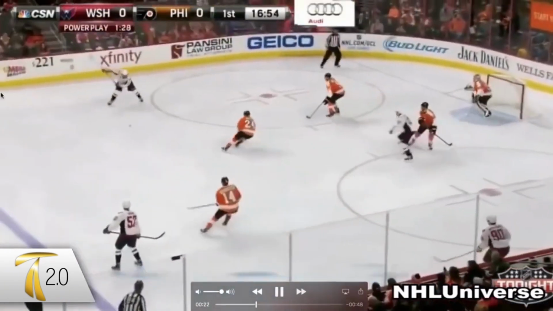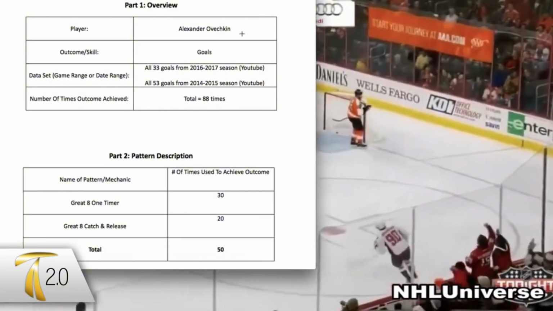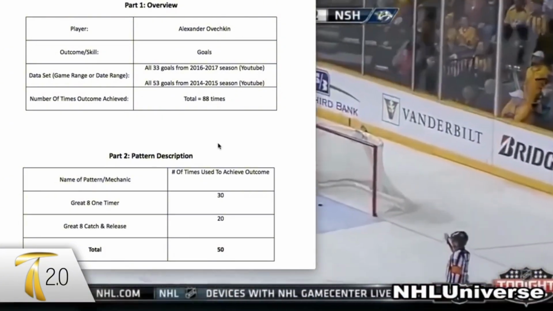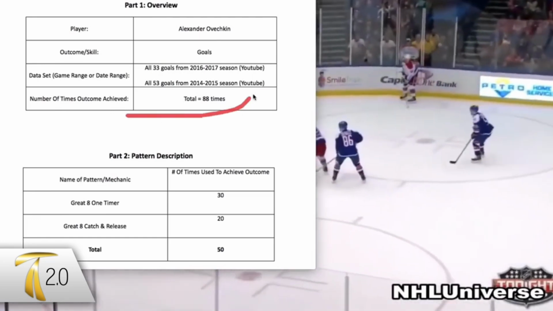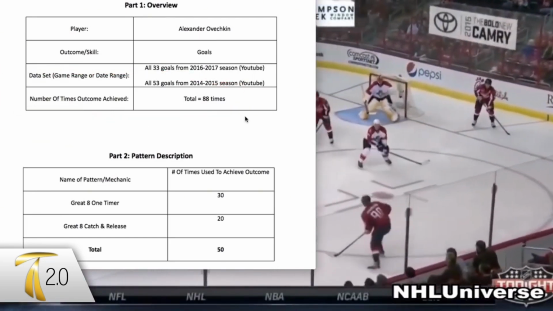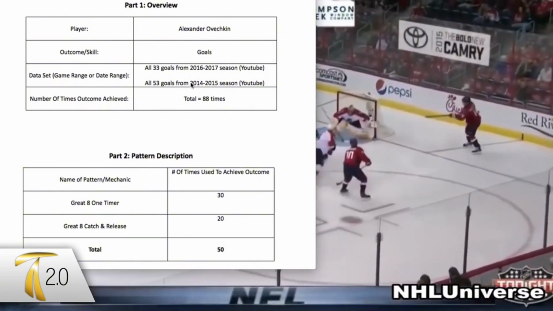So this is a pattern of the pros breakdown. In a pattern of the pros breakdown, we look over an outcome, and in this situation, we're looking at Alex Ovechkin's goals from the 2016-2017 season and the 2014-2015 season.